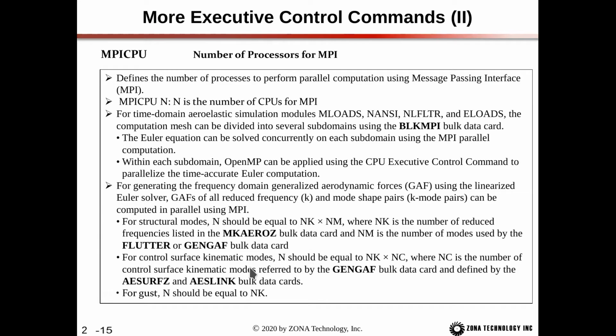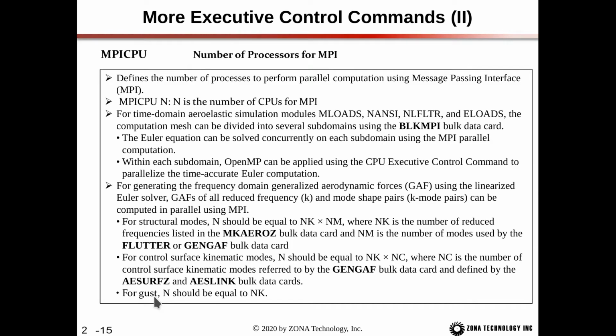And then additionally, in the GenGAF module, if you have control surface kinematic modes, then NK times NC should be added to that list. So if you have 4 control surfaces and 8 reduced frequencies, that's 32 additional K-mode pairs that must be computed.